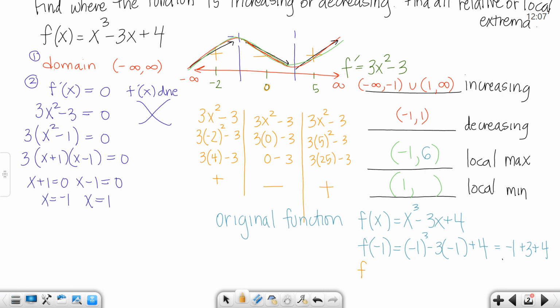My second critical number is 1. If I plug that one in, I get 1 cubed minus 3 times 1 plus 4. So I get 1 minus 3 plus 4. So putting that together, that's 5 minus 3, which is 2. So I have a min at 1, 2. And that's how that part would look.